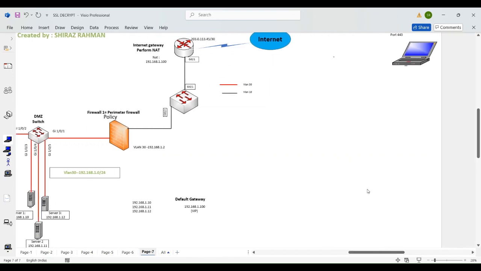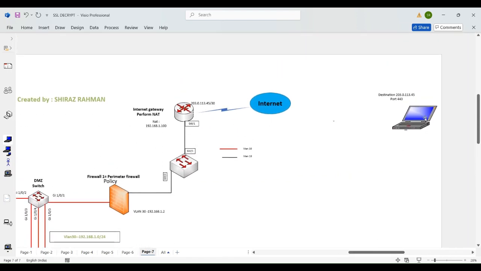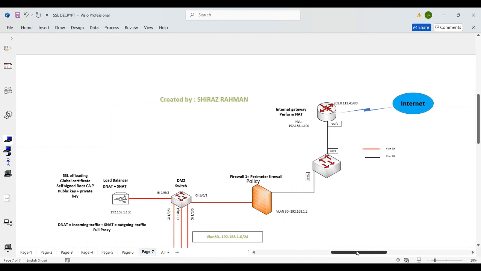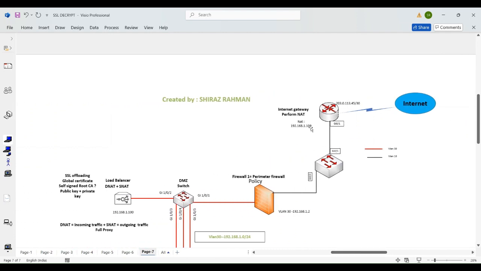So how do things work? The laptop makes a request. It will go to the internet gateway router. First things first, this is a public IP address, so the router will perform NAT over here, to 192.168.1.100.